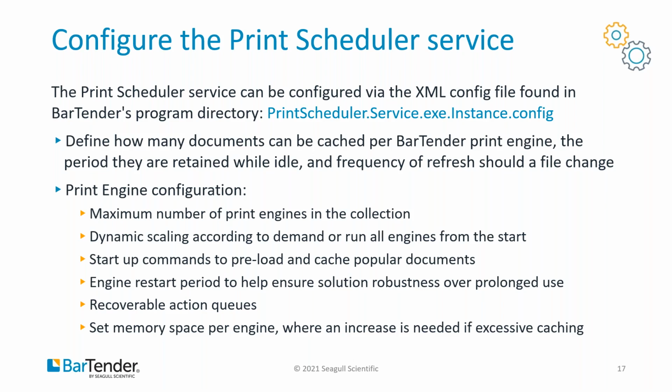And this means that for any subsequent print jobs, that document does not need to be reloaded. It can simply be used in a cached fashion for that second or following print job. As part of the configuration, you can specify the maximum number of documents that you may wish to cache. I believe 5 is the default. You may wish to increase that.